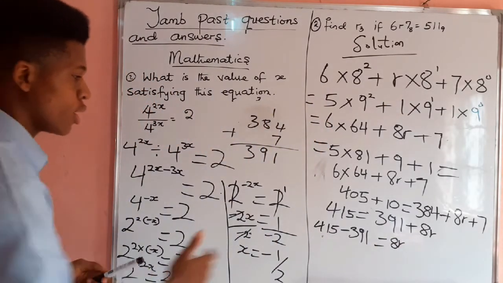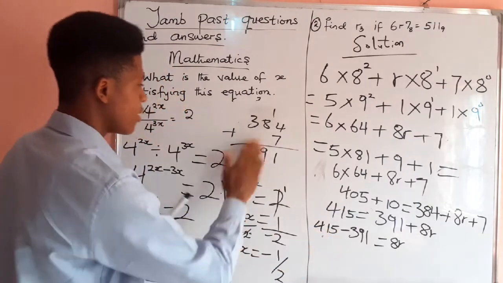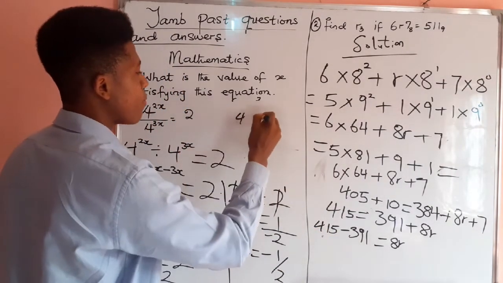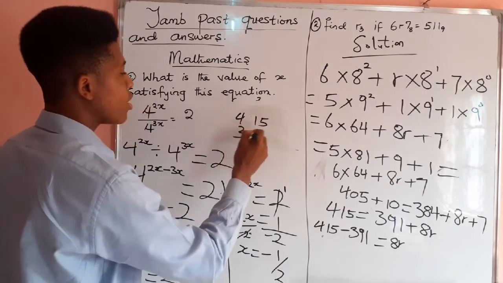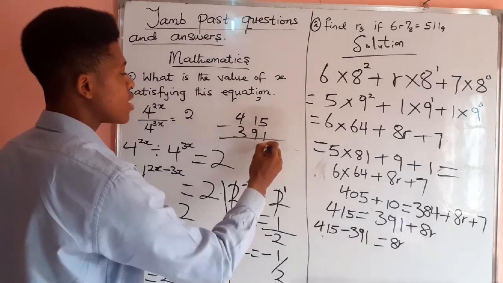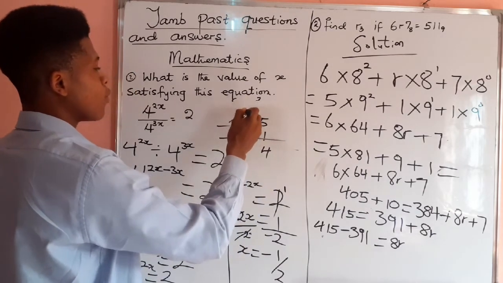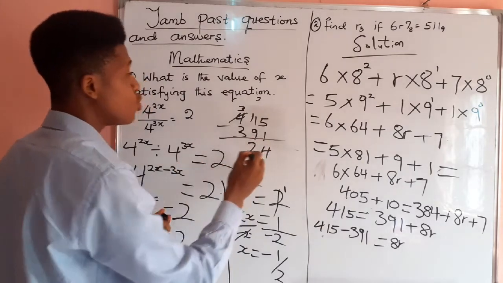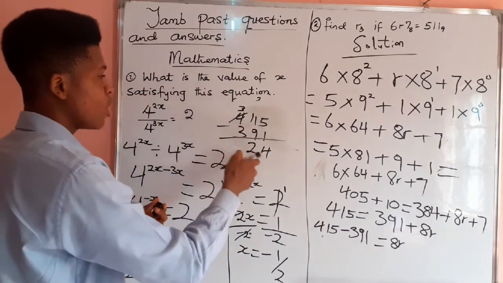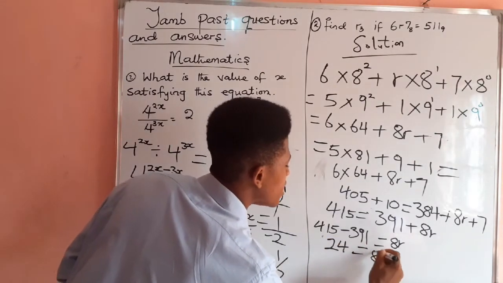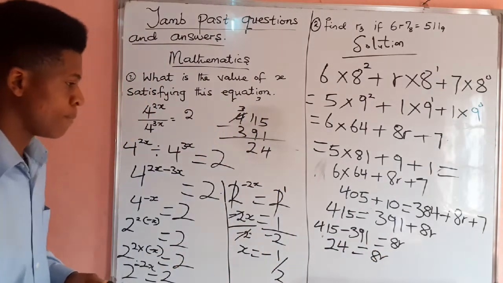So let's solve. 415 minus what? 391 gives us what? 5 minus 1 is 4. We cancel 4 here to be 3. 11 minus 9 is 2. 3 minus 3 is 0. So our answer is 24, right? 24, which is equals to 8R.